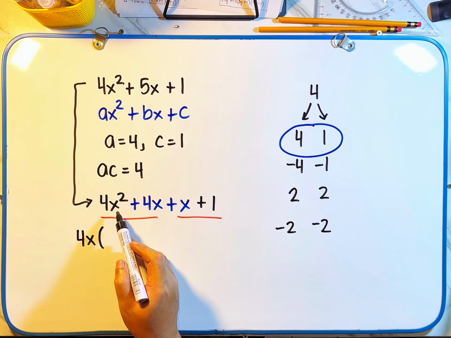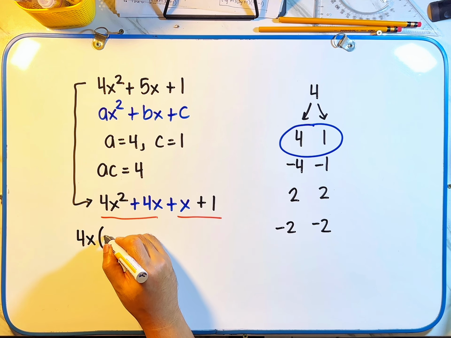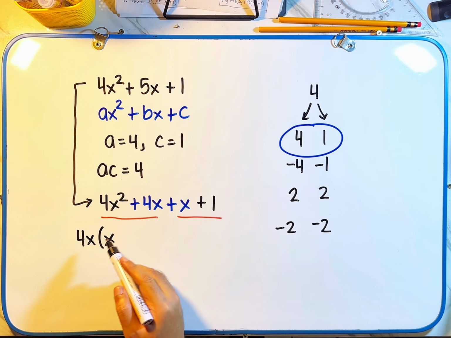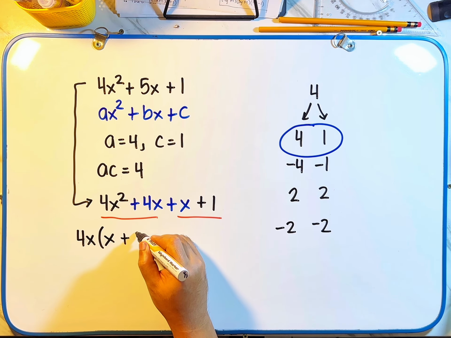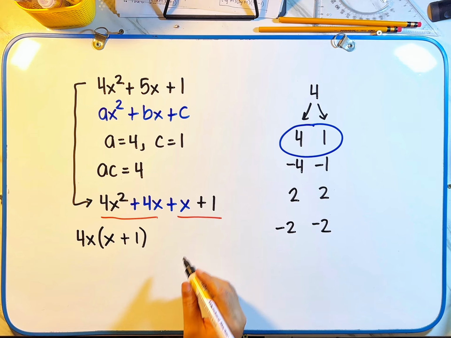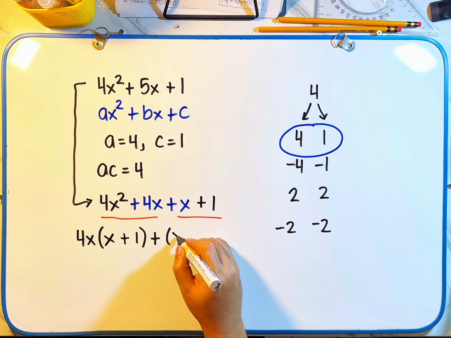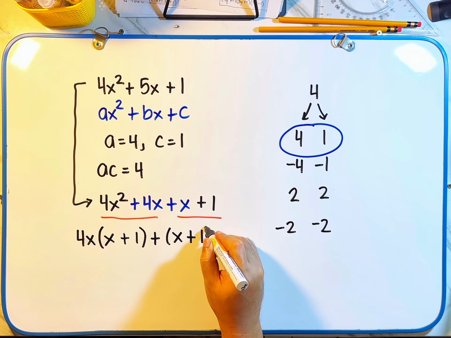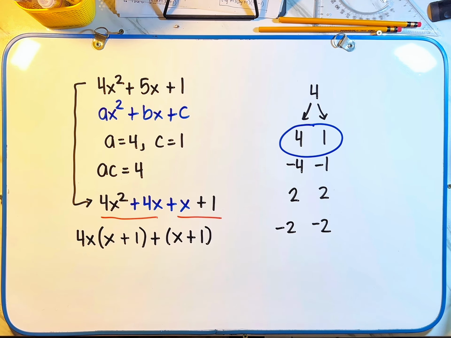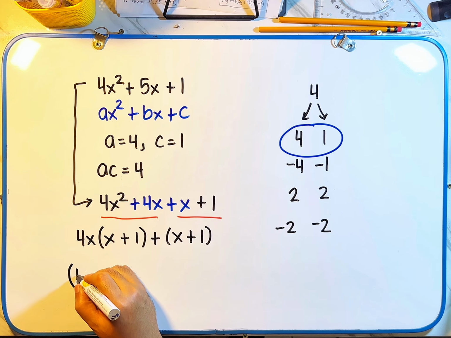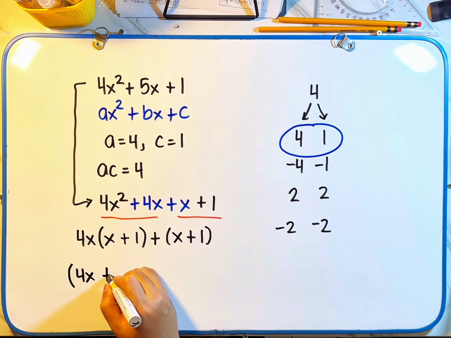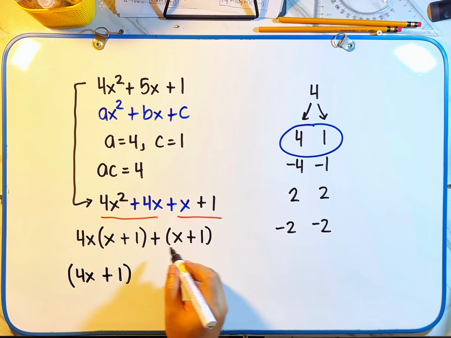Now let's divide. 4x squared divided by 4x is x. 4x divided by 4x is positive 1. The GCF of the second group is simply positive 1. So plus x plus 1. X plus 1 is a common factor, which means the factored form is 4x plus 1 and then x plus 1.